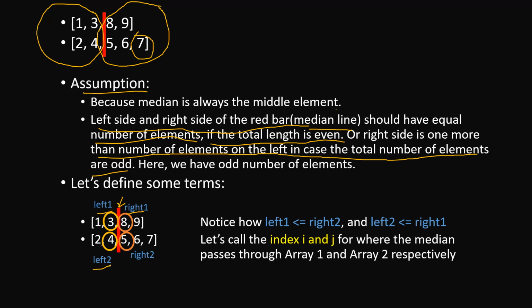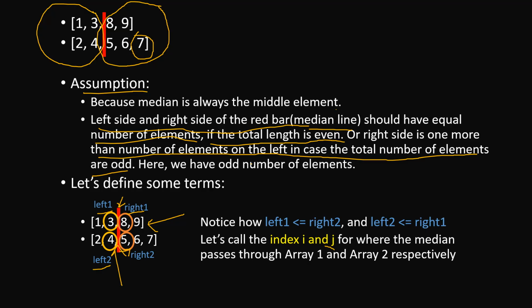Similarly, left 2 would be the left element on our array2, and right 2 the element to the right of the red bar on our array2. We also define the indices i and j. i is the place where the red bar crosses our array1, and j is the place where the red bar crosses our array2.